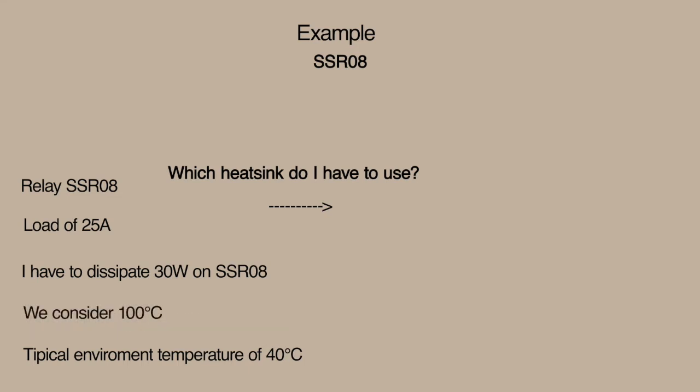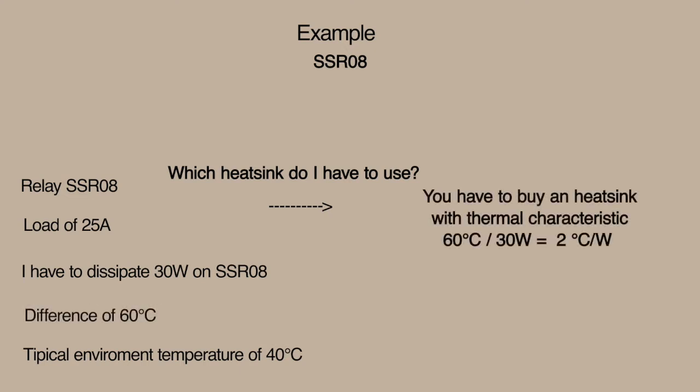Now we have all the needed values to identify the maximum thermal resistance of the heatsink we need to ensure this result. 60 degrees divided by the 30 watts we have, we get 2 degrees per watt as a thermal characteristic of the heatsink.